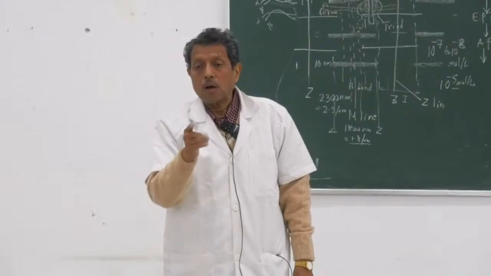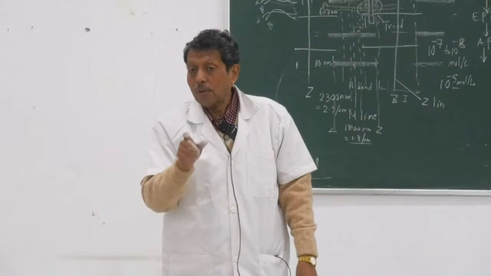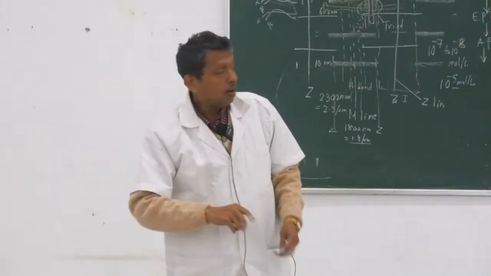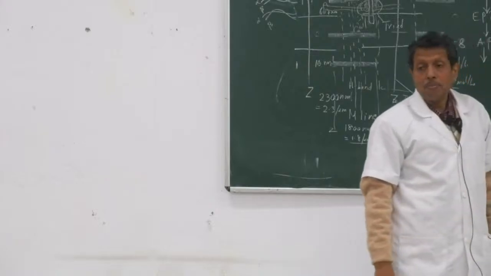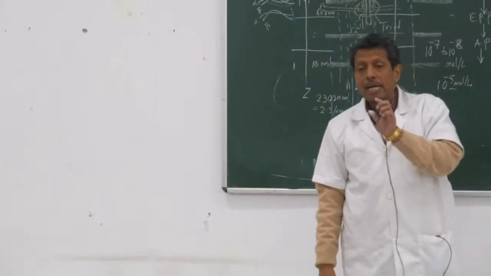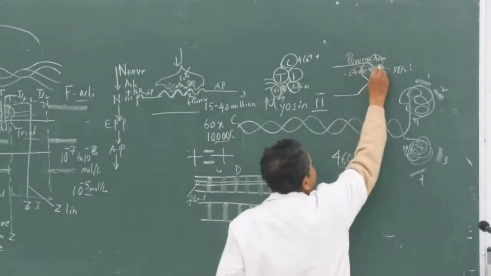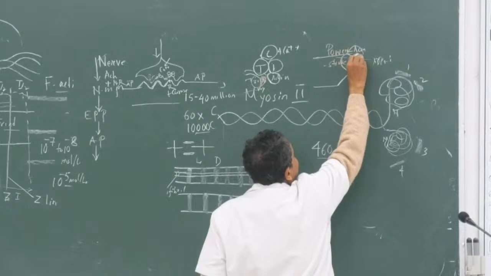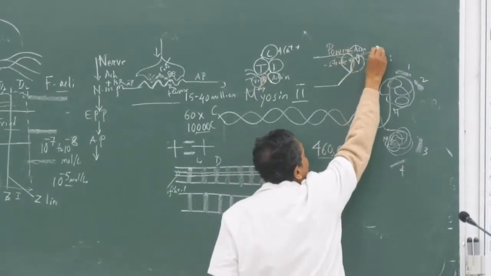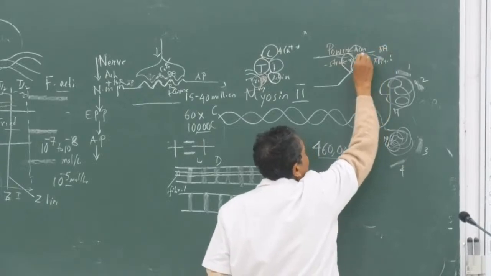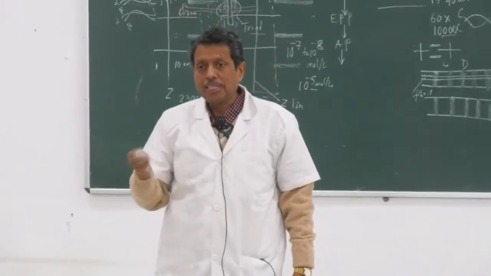Now after this power stroke, it is required that the head should detach, otherwise it will remain fixed in this way. For this, another molecule of ATP can bind with the myosin head. Initially there is ATP, and the products are liberated, but when it is in the relaxed state, another ATP should come to detach it.